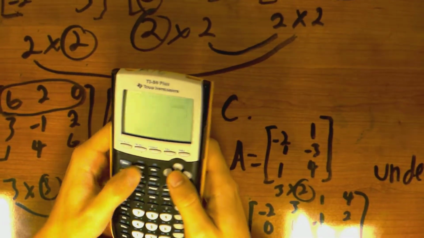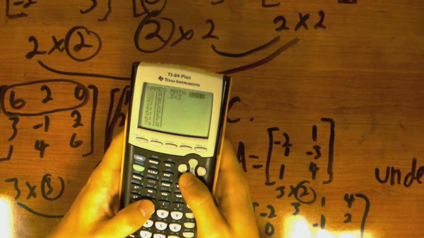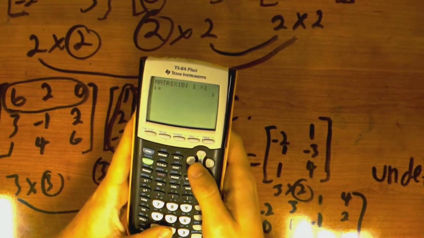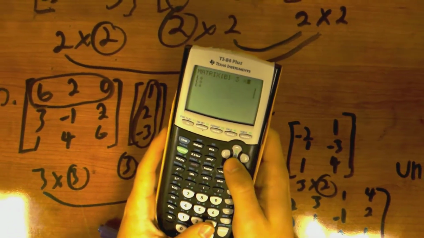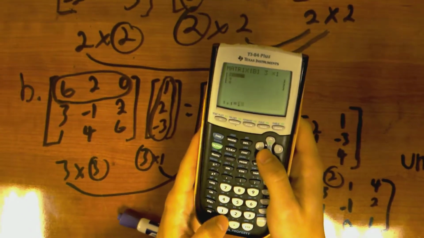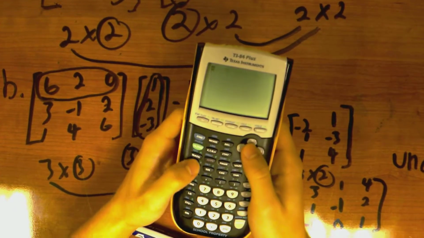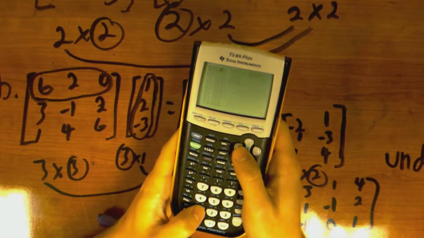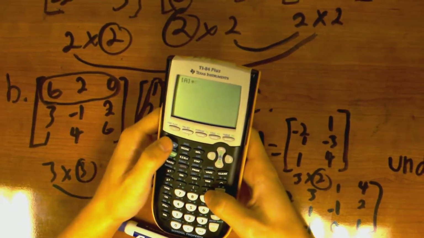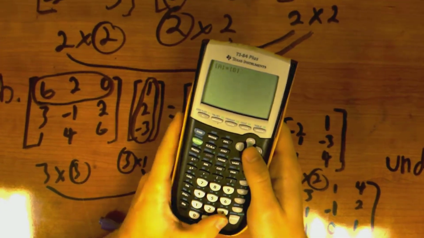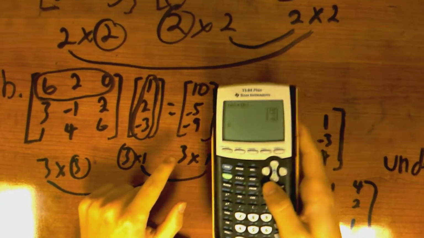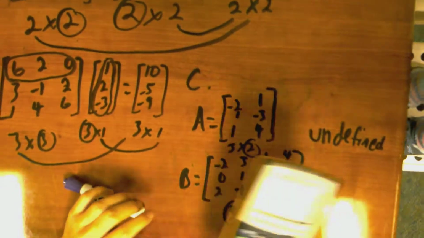And you go back to it, you go to number 2, and that's a 3 by 1. Then you go back to it, enter the A in, and the B, and you multiply it out, and it gives you your exact answers.